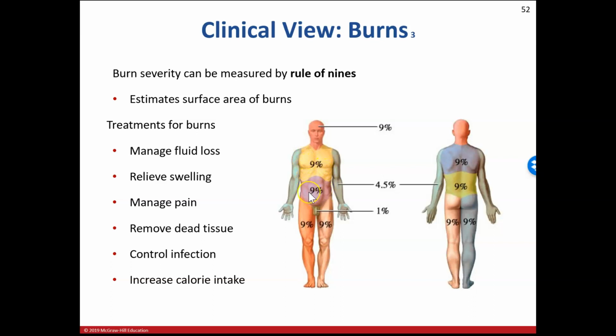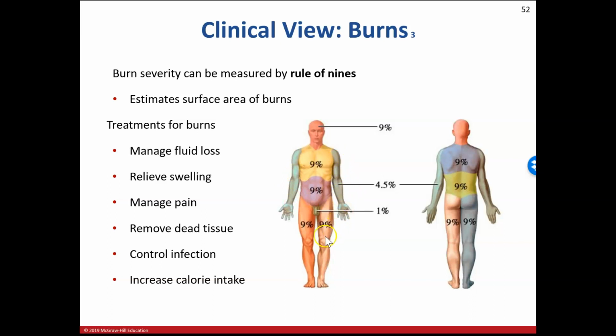Anterior abdomen is 9%, and then you could see that the back portions of these regions are also 9% individually. Now your upper limb, both anterior and posterior together, is 9%. So let's say all of your right arm, anterior and posterior, is 9%. All of your left upper extremity is 9% as well.